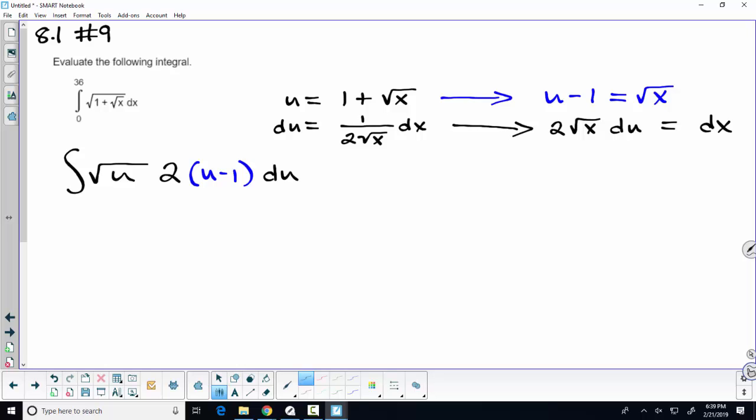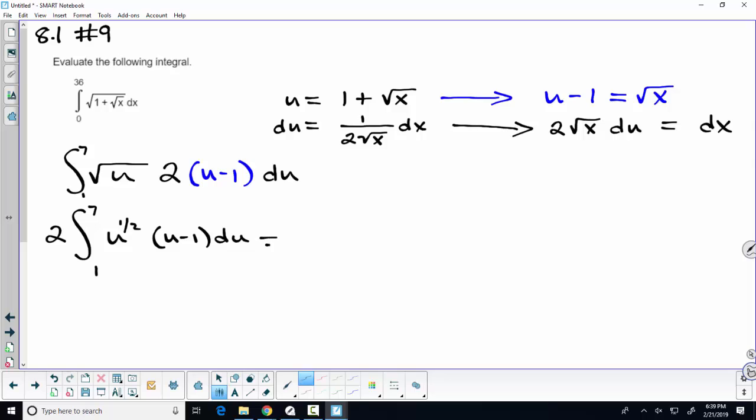So then, we just end up with powers of u again. We should determine our bounds as well. It's 1 squared. Okay.